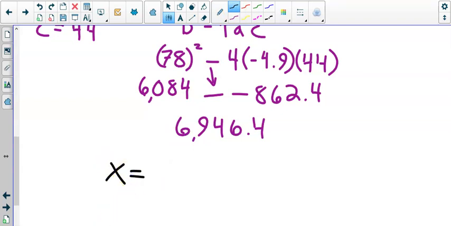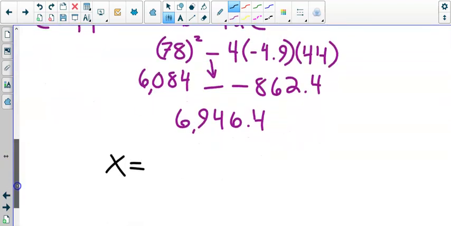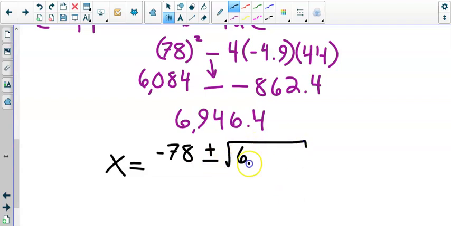What was our value of B? What's the opposite of a positive 78? Negative 78. Plus or minus square root of, what number's under there? Yep, 6,946.4, all over 2 times A. What's our A value?